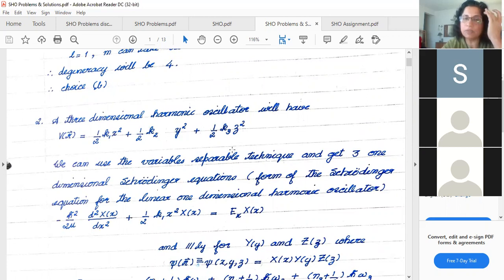When it is isotropic, of course, you can use the variable separable technique, and you'll end up getting three one-dimensional Schrödinger equations, and the form of each will be that of the linear one-dimensional harmonic oscillator.